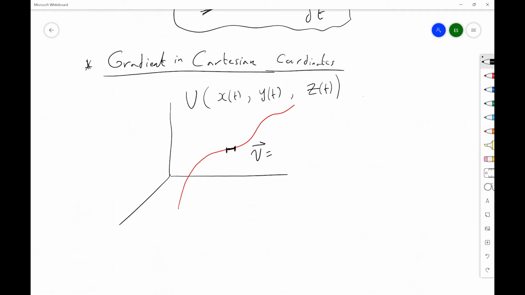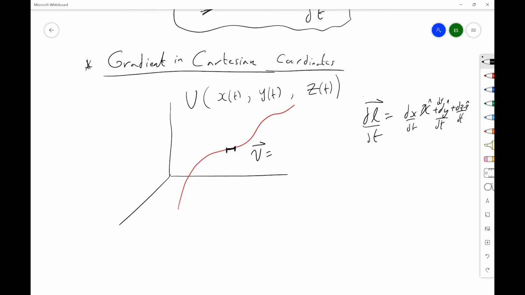What is the velocity vector, by the way? What is dl? What is the linear segment? We said it's dx x hat plus dy y hat plus dz z hat. So how do you find velocity? It's dl over dt, right? So we have to divide everything by dt.